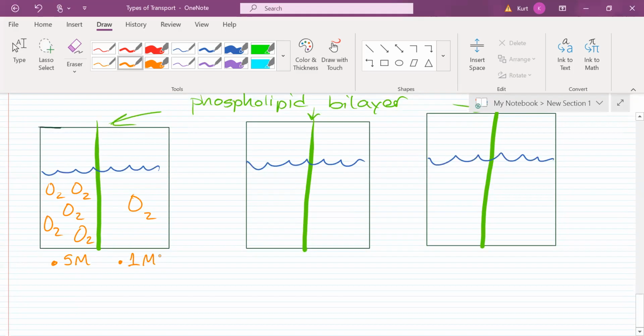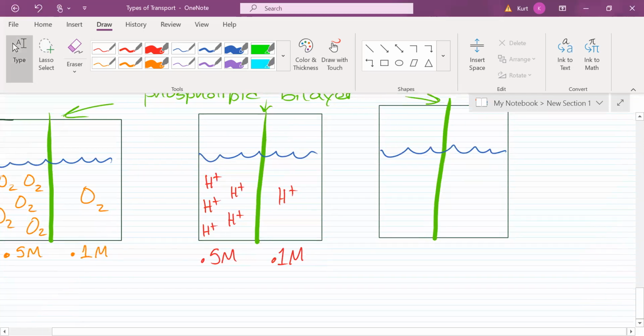Just stay tuned. Next, I'm going to have this box have hydrogen ions on the left side. Oh, I drew 1 too many. I just want to keep it at 5. And I have 1 on the right. So again, 0.5 molar, 0.1 molar.